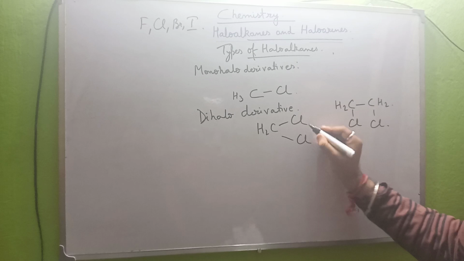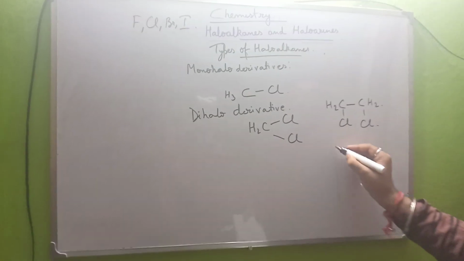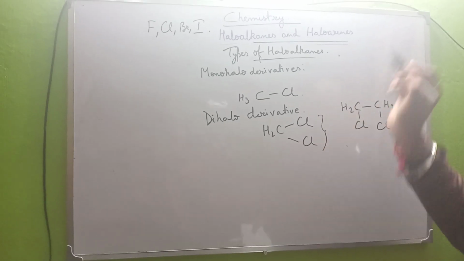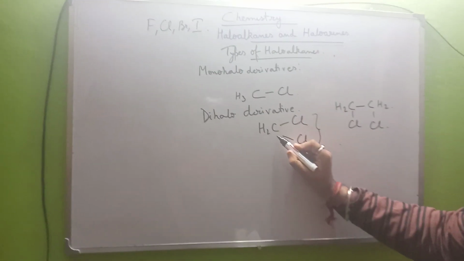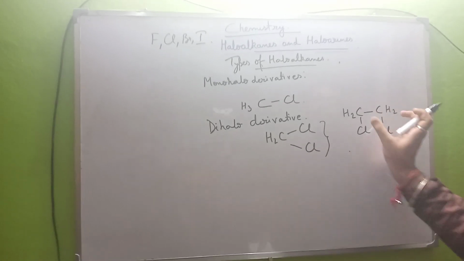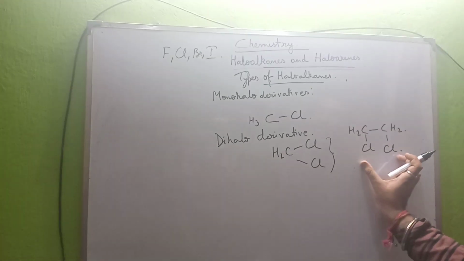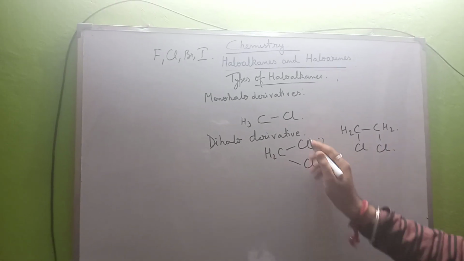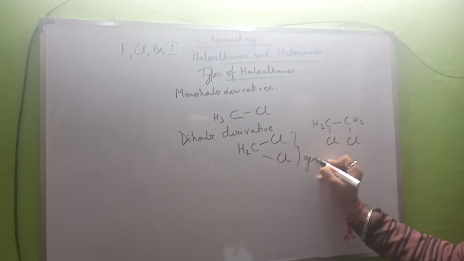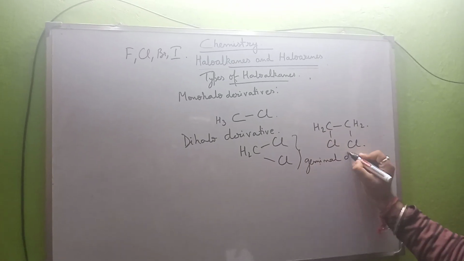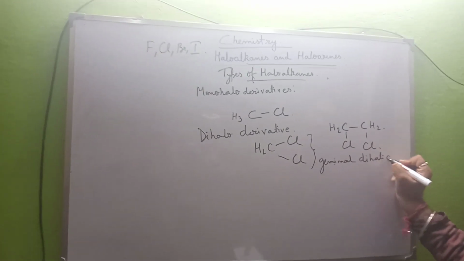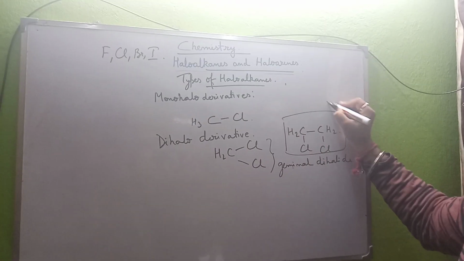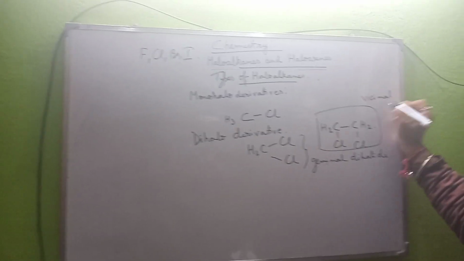So a single carbon having two halogens attached to it is a dihalo derivative, and two adjacent carbons each having a halogen is also a dihalo derivative. We call the first the geminal dihalide. In books you will find gem dihalide, and we call the second the vicinal dihalide.